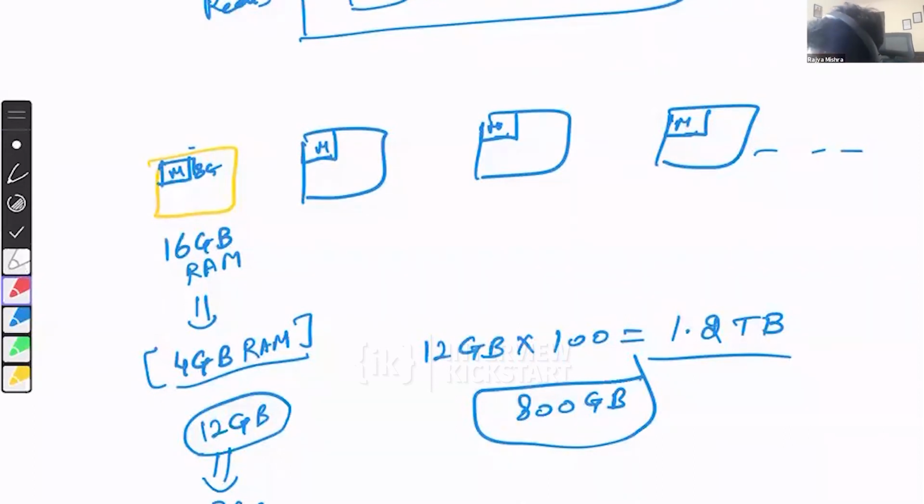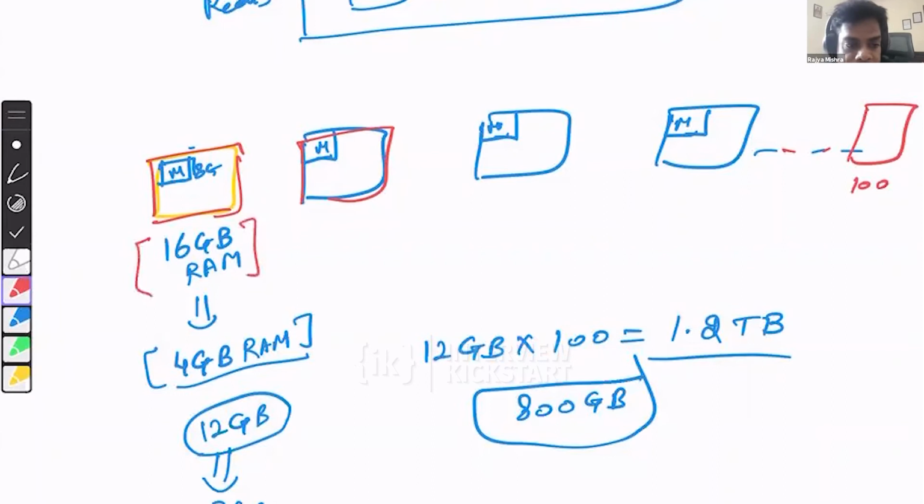Let's say you have 100 application servers, right? Like this. You have 100 application servers, and each server has 16 gigs of RAM. And your application, your microservice, is using only 4 GB out of that.